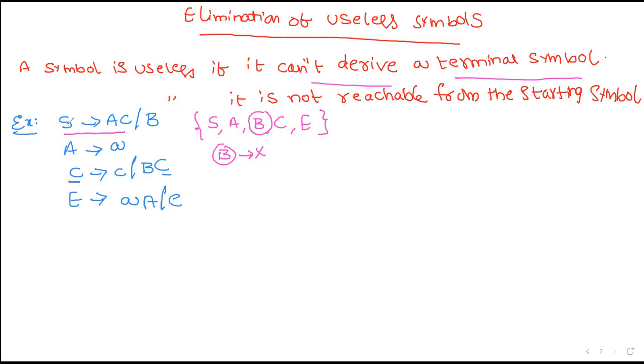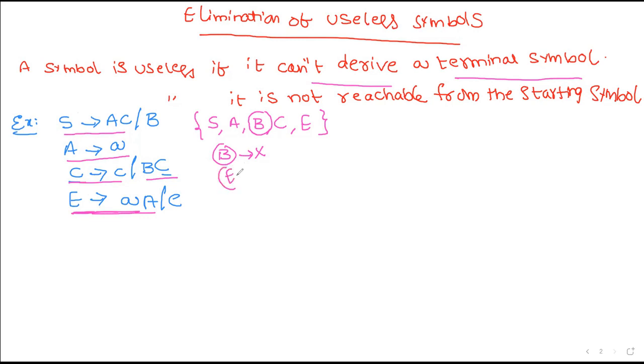From S we are moving into A and C. If we move to A, A goes to small a, this is ending. If we move into C, from C we move into either small c or BC. But observe, for E, there is no derivation. That is, E is not reachable from S. From S to E, there is no path.